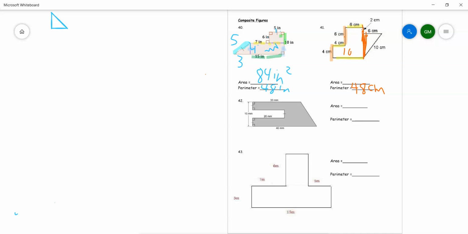So the whole side length is 10. 2 is given to us, so this part that I just sketched in would be 8. So that means we have an 8 by 6 with a hypotenuse of 10 right triangle there.